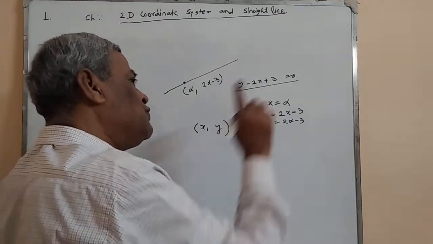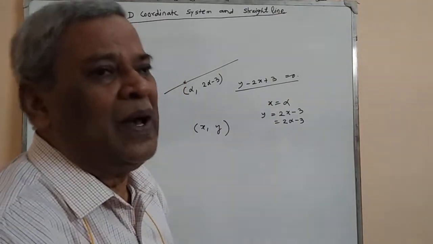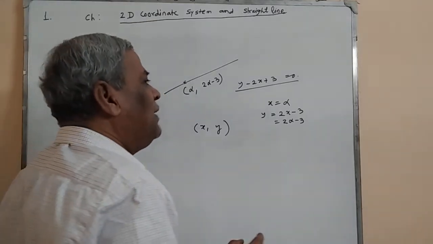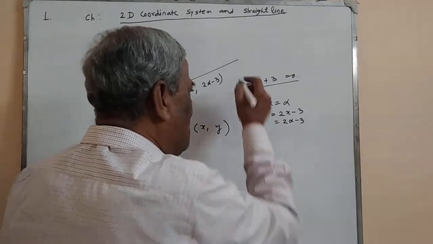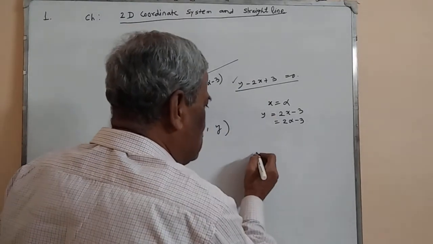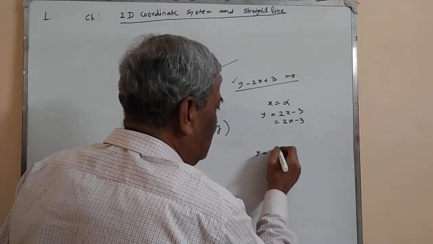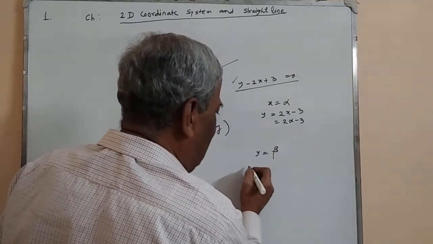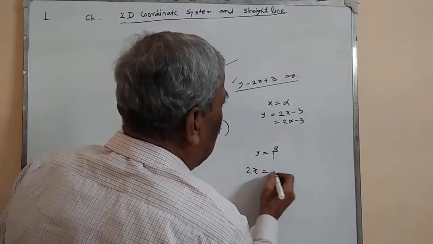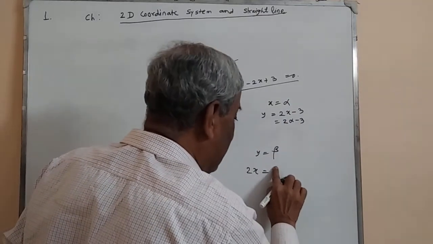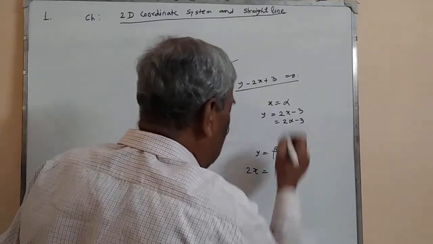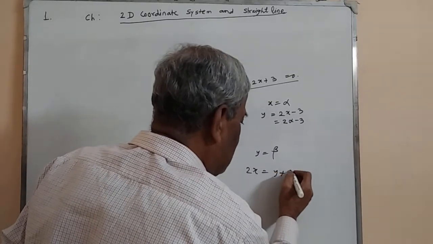So here we choose x is equal to alpha. Similarly, we can choose y is equal to beta. For example, for this, let us choose y is equal to beta. Then 2x is equal to y minus 3, 2x is equal to y plus 3.